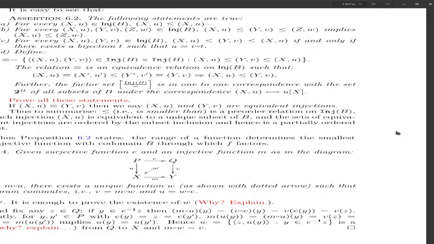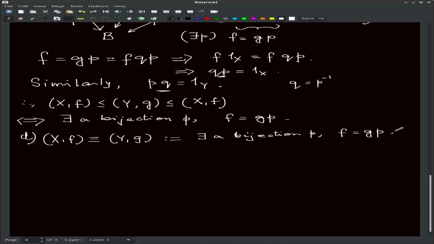Right? That's, I believe, how I did it. So you can immediately see that this is an equivalence relation. Why? Because I can immediately write this.